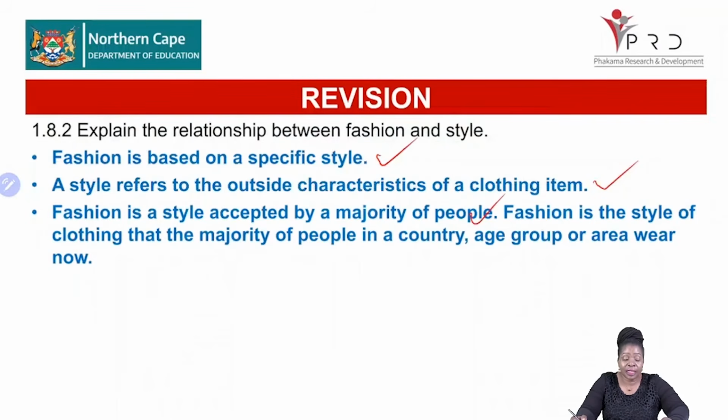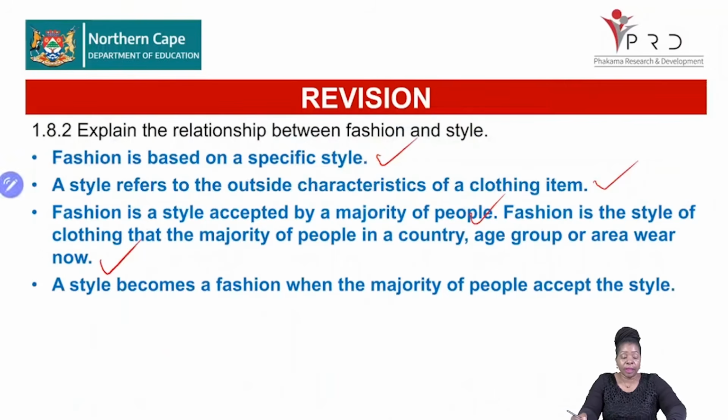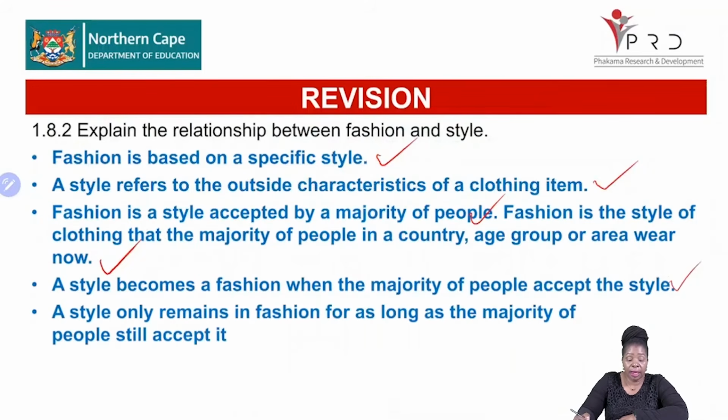Fashion is the style of clothing that the majority of people in a country, age group, or area wear now or at that particular time. A style becomes a fashion when the majority of people accept the style, and it only remains in fashion for as long as the majority of people still accept it.